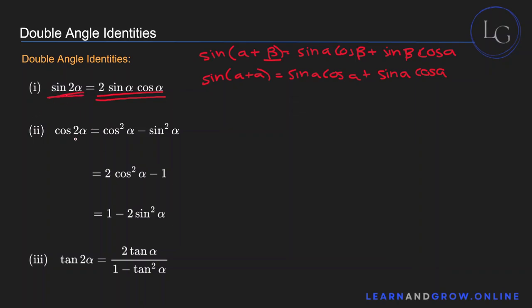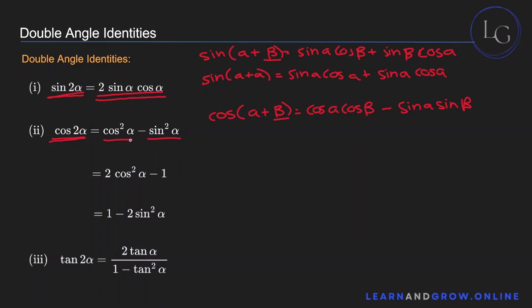You can do the same for cos 2 alpha as well. You can apply the formula for cos of alpha plus beta, which is equal to cos alpha cos beta minus sine alpha sine beta. Now if you replace this beta with another alpha, you get cos 2 alpha, and eventually this becomes cos alpha into cos alpha, which is cos square alpha, minus sine alpha sine alpha, which is sine square alpha.